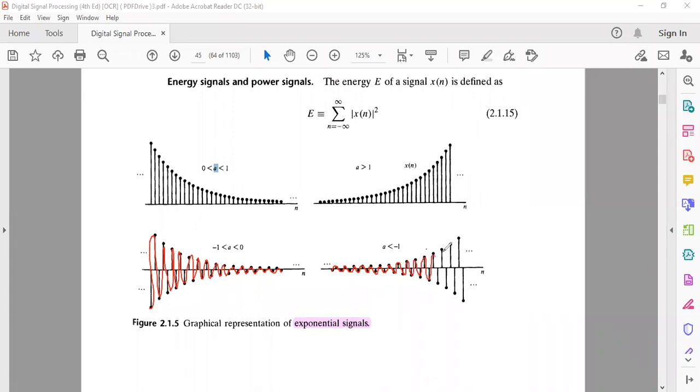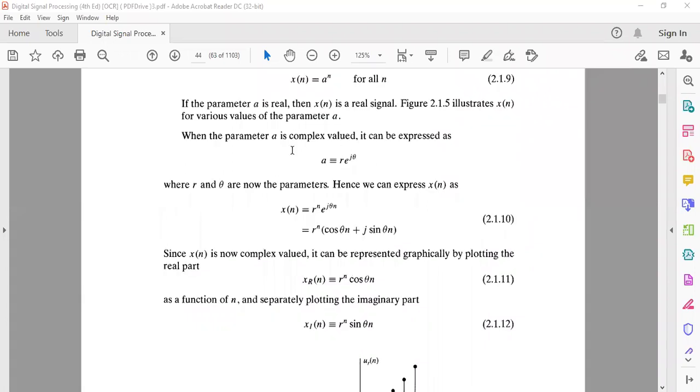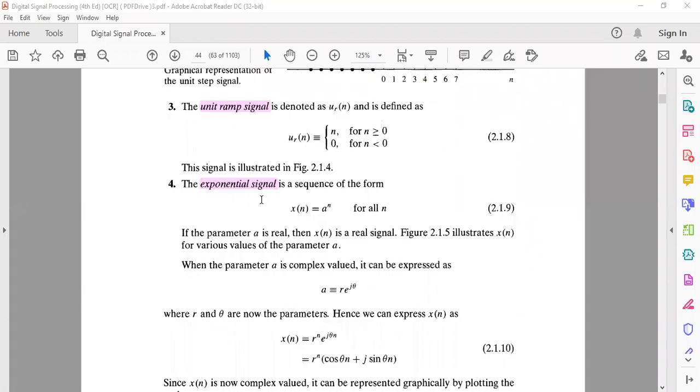Again, let's remind ourselves that these are samples. So definitely, these would have been samples of this kind of exponential signals. So that's an illustration of an exponential signal, a to the power of n.